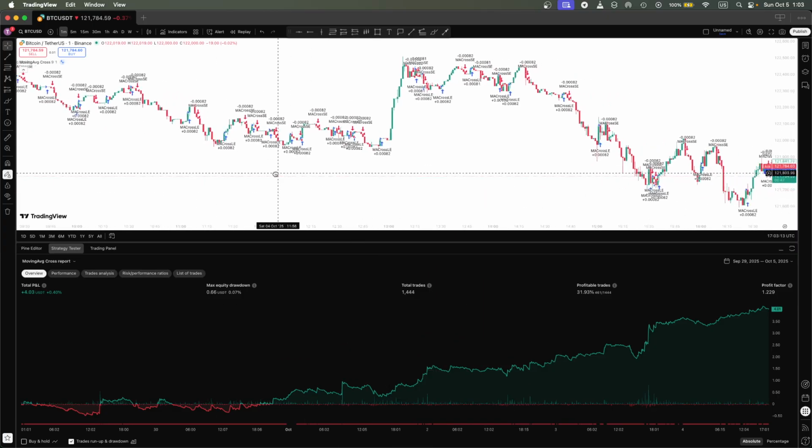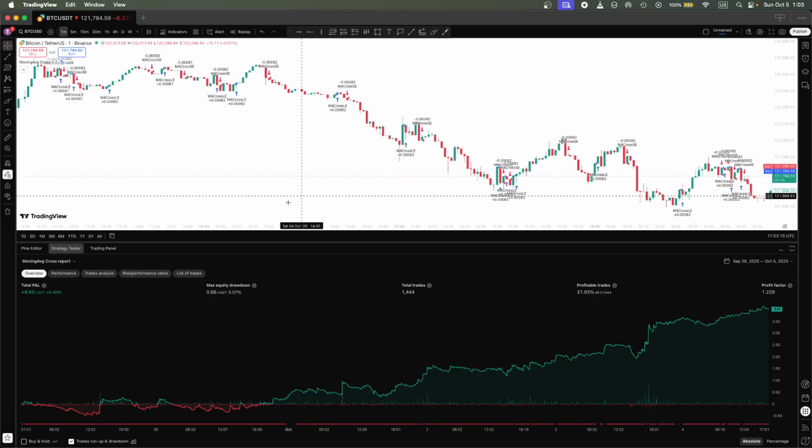So now you see here the total PNL for September 29 to October 5th is $4. If we are taking a risk of 5% per trade, we'll make $4, which is not so much.